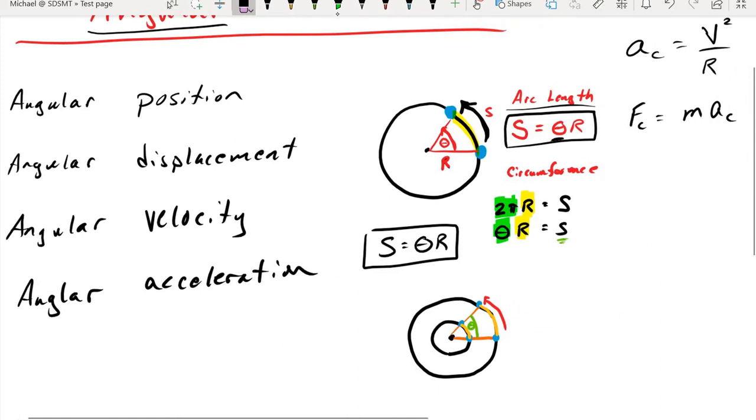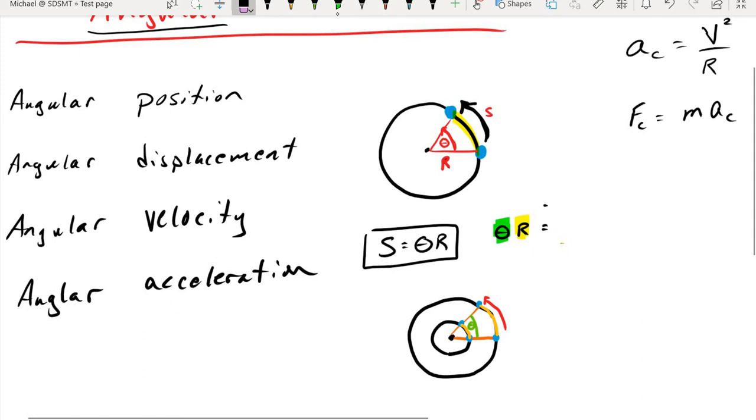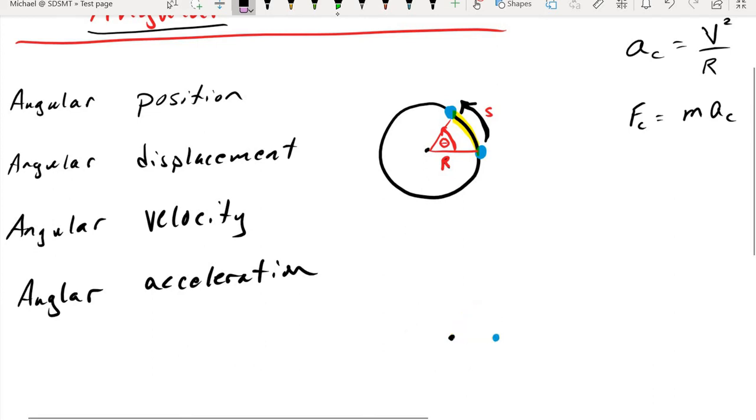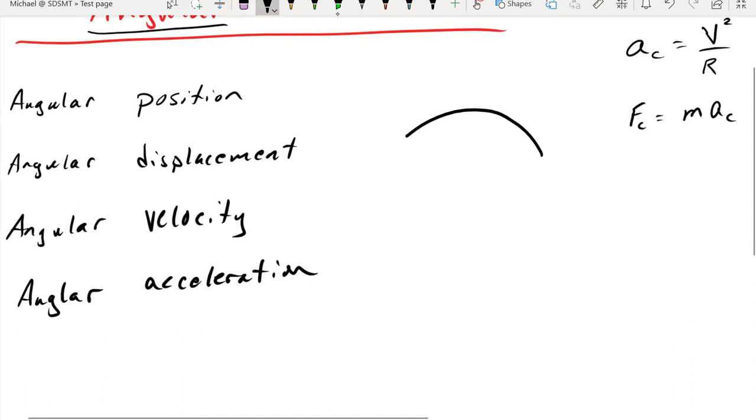Way back in chapter 2, we said that position was a physical measure with respect to a defined reference frame. So as I clean all this stuff up here, I'm going to make a new circle. Well, my reference frame is going to be the center of the circle itself.